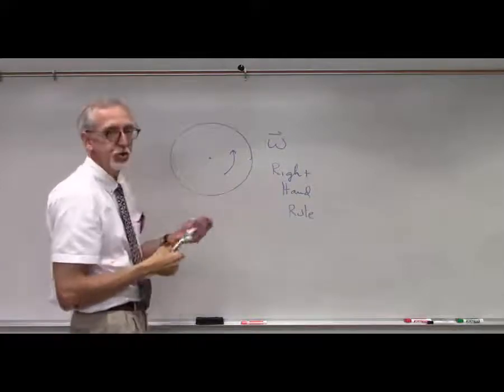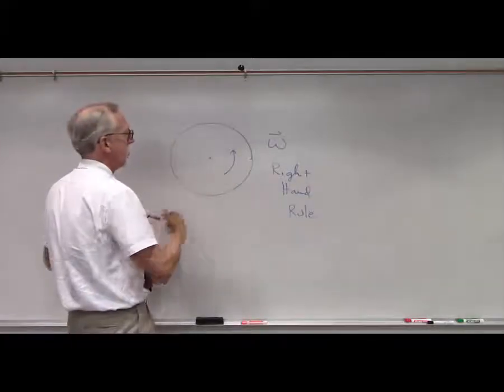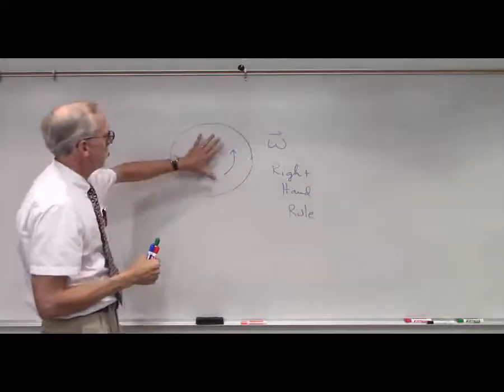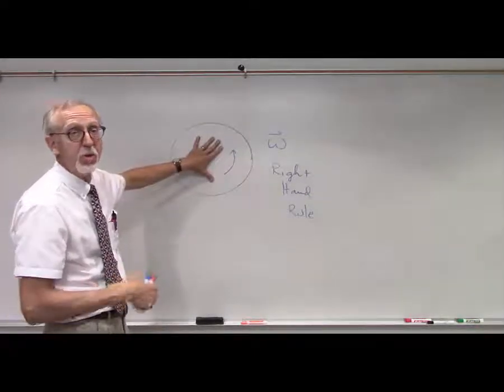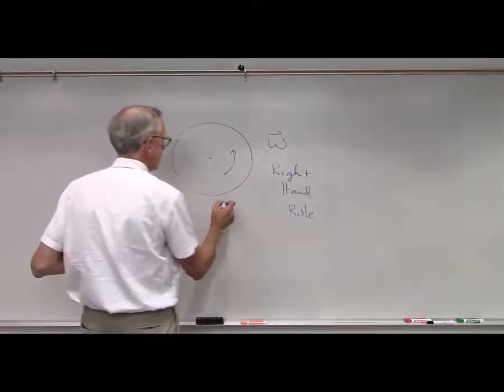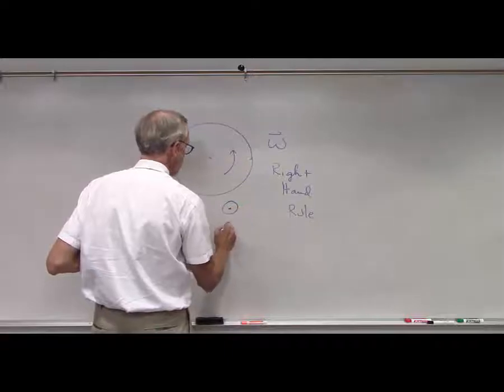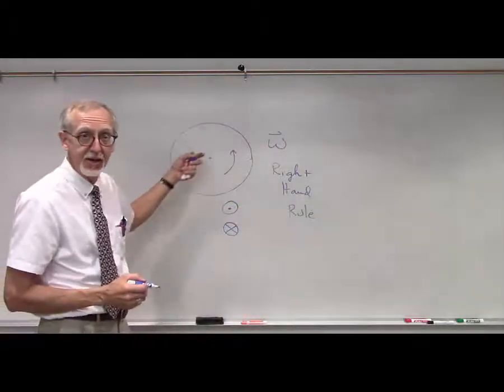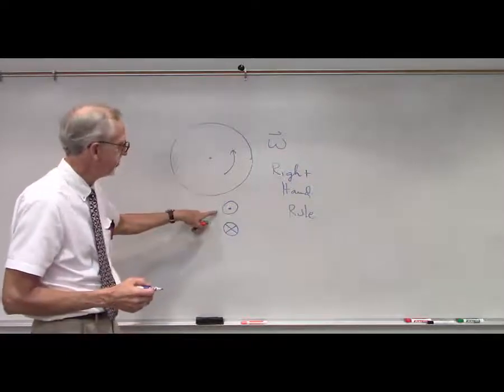Now I'm going to use two new symbols to represent the third dimension. We've been drawing things in the board, but if we want to talk about things perpendicular to the board, I'm going to use a circle with a dot and a circle with an X to represent directions in and out of the board. Now these are pretty easy to remember.